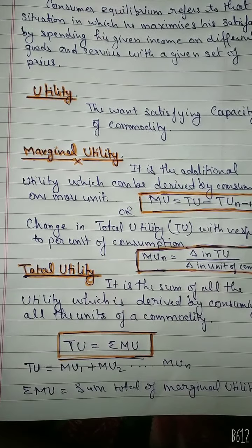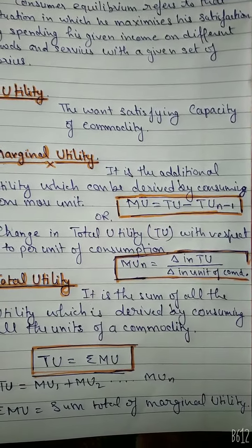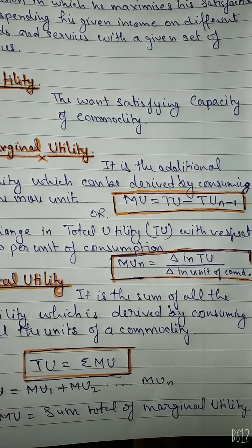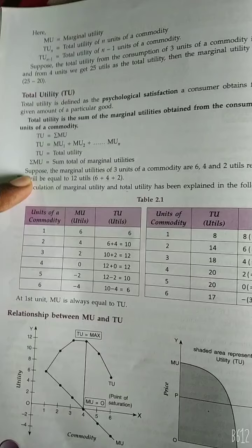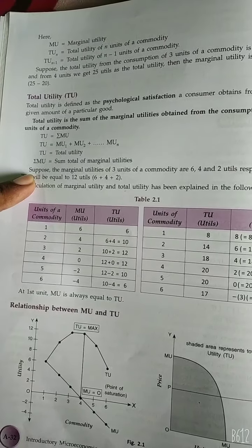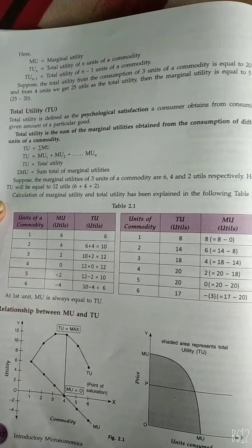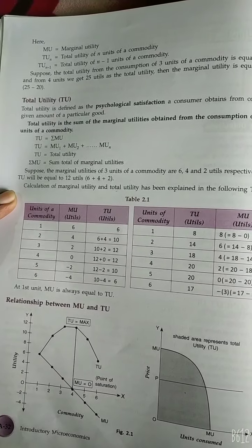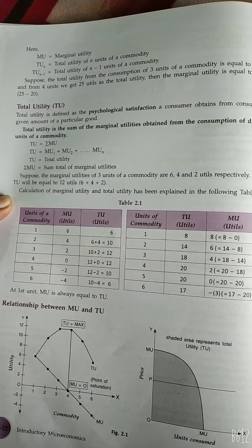In another word, we can say that total utility is defined as the psychological satisfaction a consumer obtains from consuming a given amount of a particular good. Suppose marginal utilities of 3 units of a commodity are 6, 4, 2 utils respectively. Hence, total utility will be equal to 12 utils, that is 6 plus 4 plus 2.